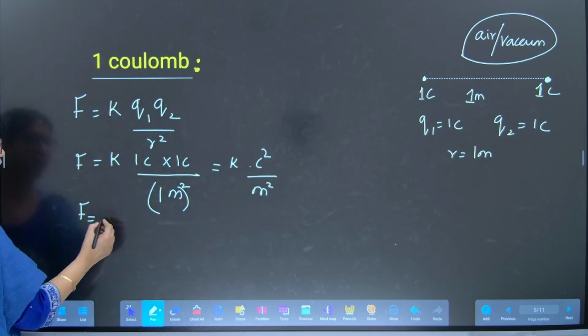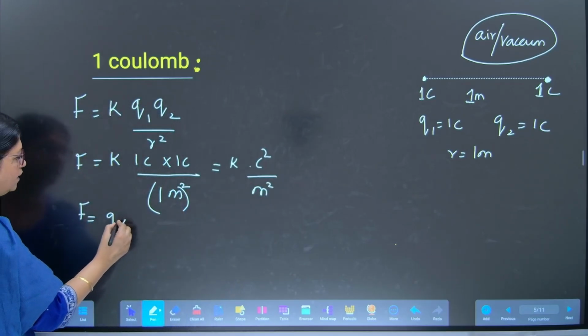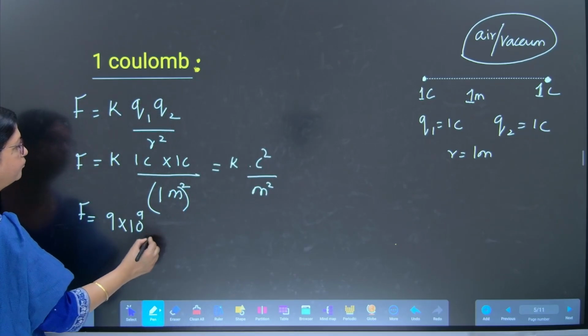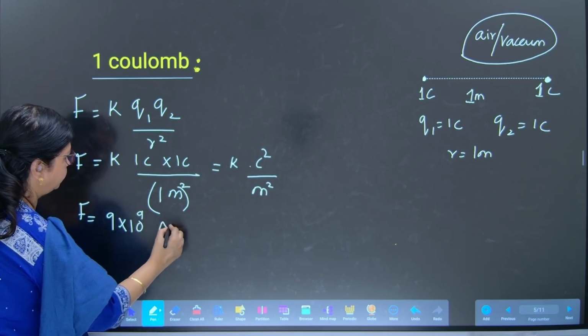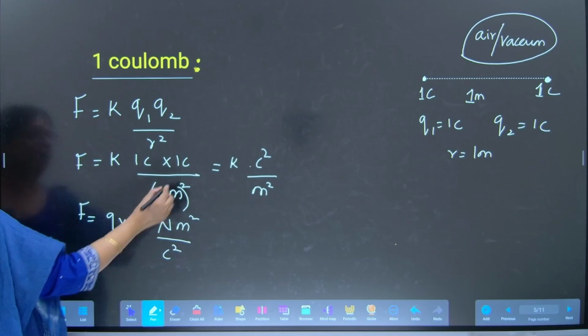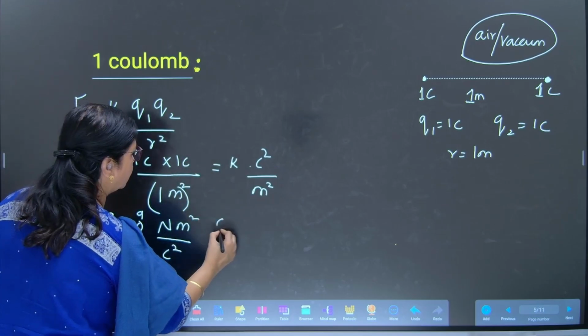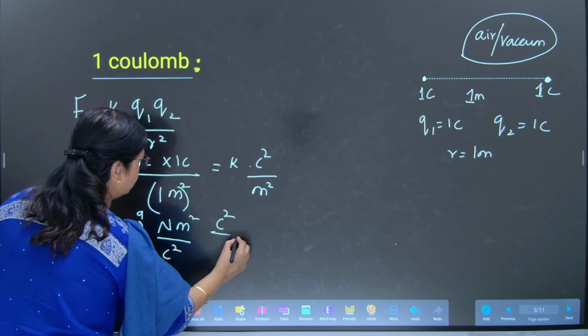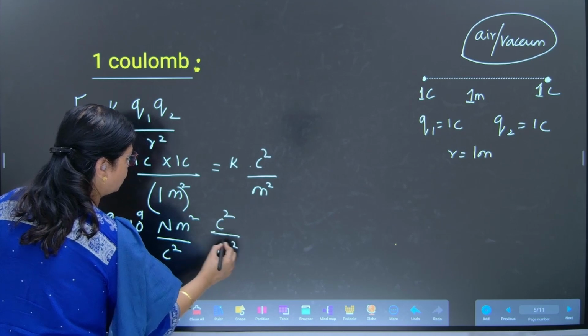Now remembering the value of K as 9 into 10 raised to 9 Newton meter square per Coulomb square, and this value or unit I will write here, Coulomb square per meter square.